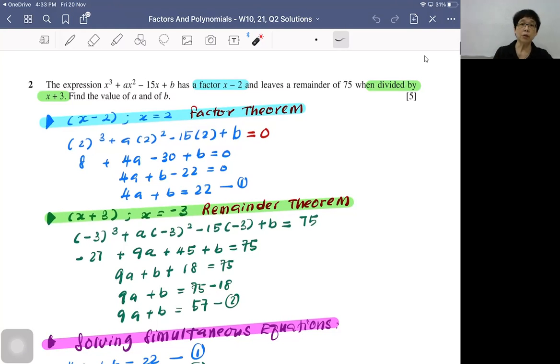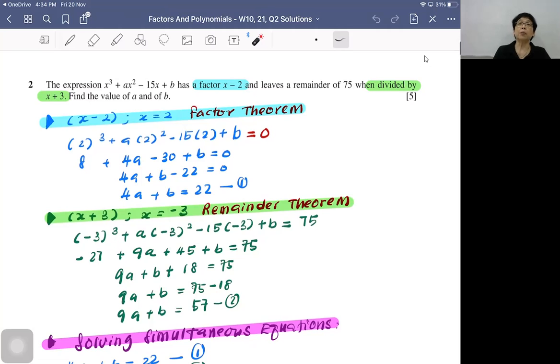And the factor theorem simply tells us that from the factor, in this case x minus 2, you can draw out its root to get x equals 2. When you substitute the x value into the cubic expression at each x position, you're going to obtain an equation equal to 0. That is what factor theorem is about.